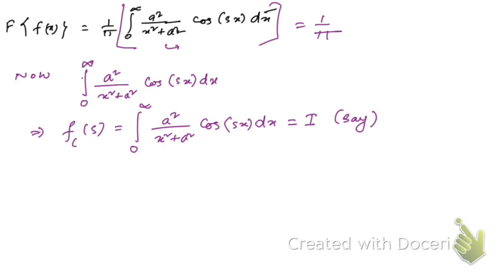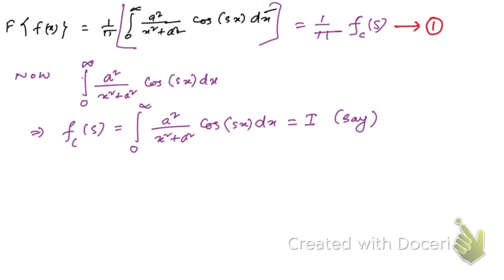If you consider this one as f of x, this is nothing but the Fourier cosine transformation of f of x, which is nothing but small fc of s, right? So you have understood this. Now let me clean these things. We can write this one as small fc of s, and this is suppose equation number 1.